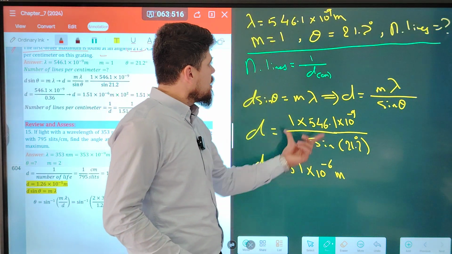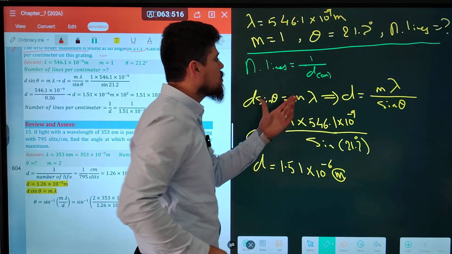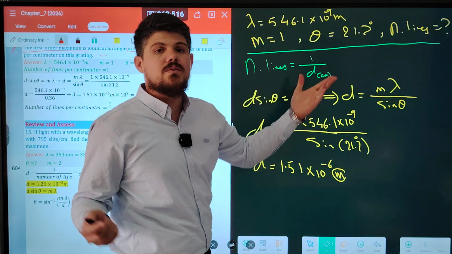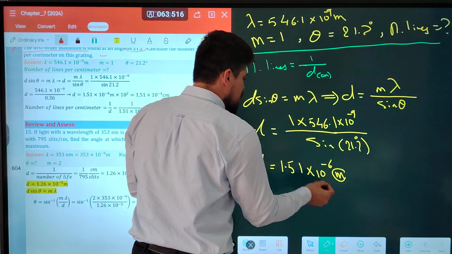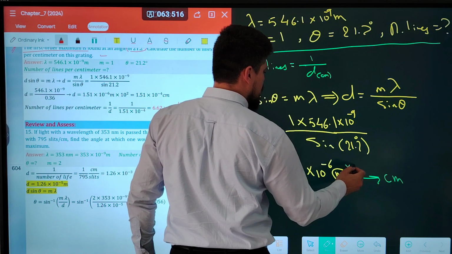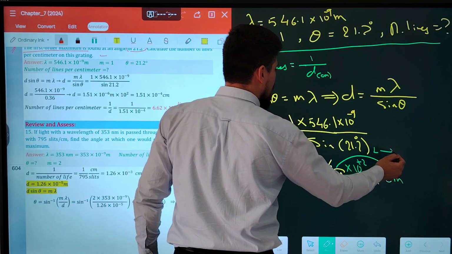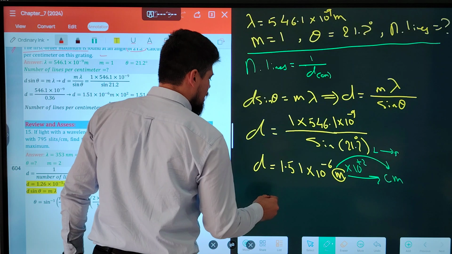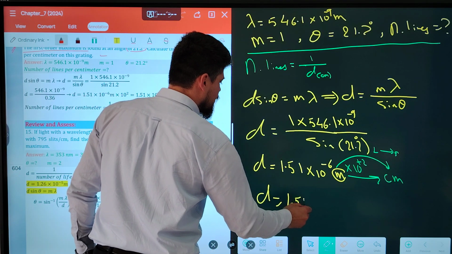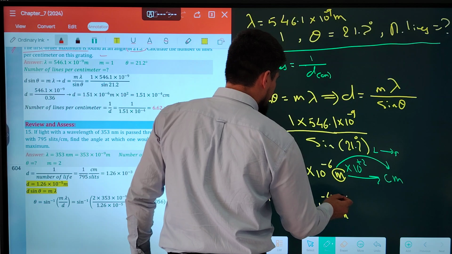Can I put this d into this equation? No. Why? Because this d is in meters, but we have to convert to centimeters to determine the number of lines per centimeter. How can you convert to centimeters? Large to small, positive power of 10. d is equal to 1.51 times 10 to the power negative 4 centimeter.